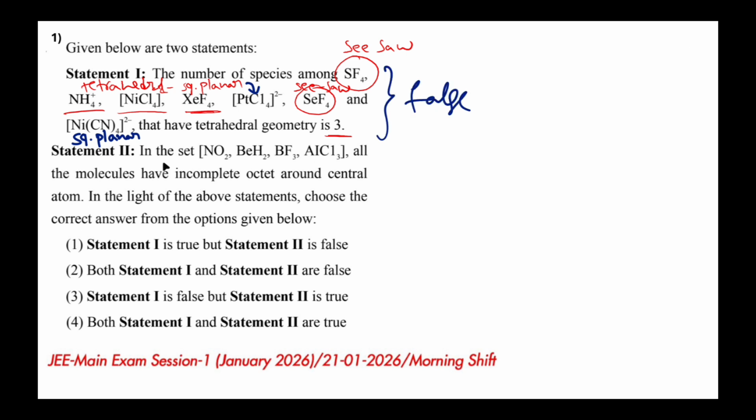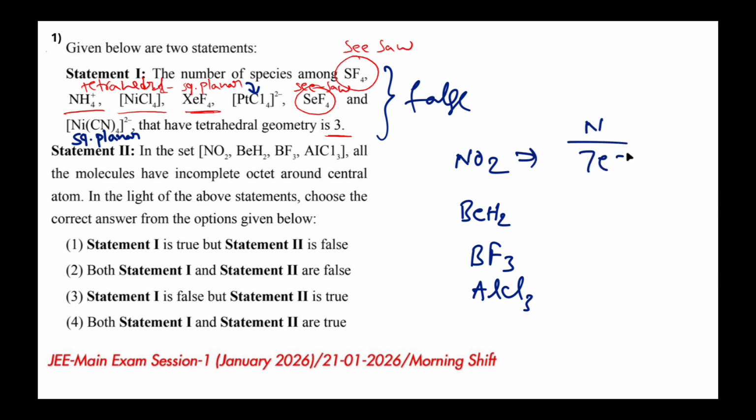In statement 2, the molecules are NO2, BeH2, BF3 and AlCl3. In NO2, the nitrogen atom has 7 electrons. In BeH2, beryllium has 4 electrons.